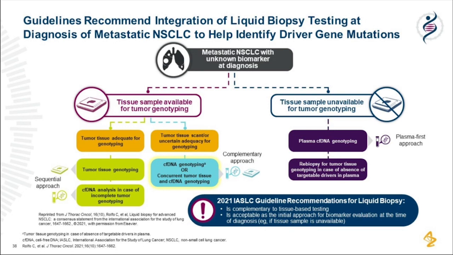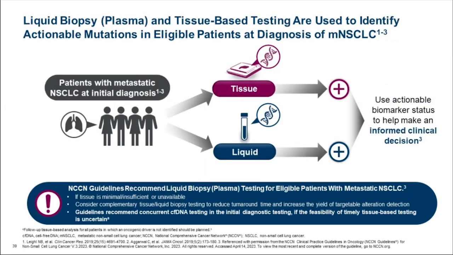And we saw this slide earlier, guideline recommendations where you're looking at tissue adequate, tissue uncertain, or tissue unavailable. And just to, once again, repeat, we saw the slide earlier, liquid and plasma tissue-based testing are always useful, are used to identify actionable markers, which we're hoping for here in our patient.